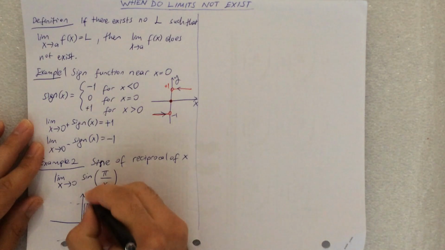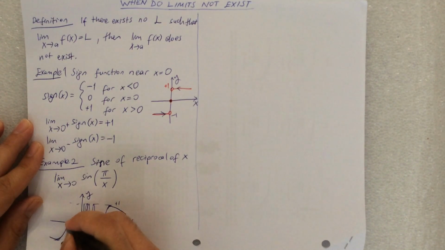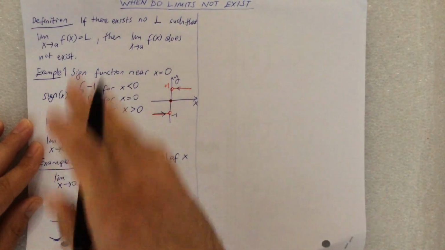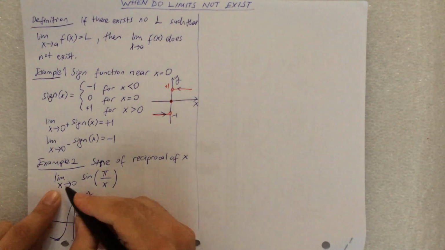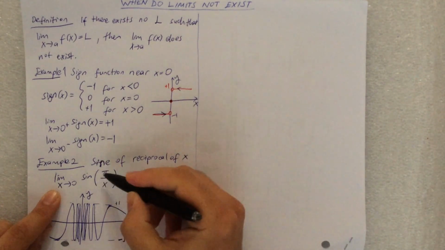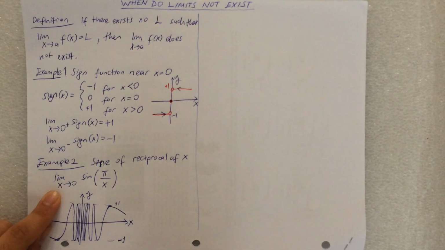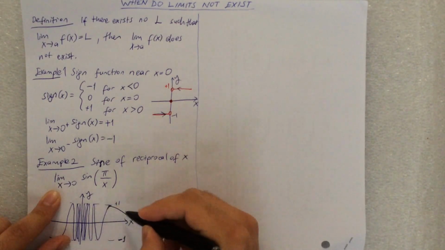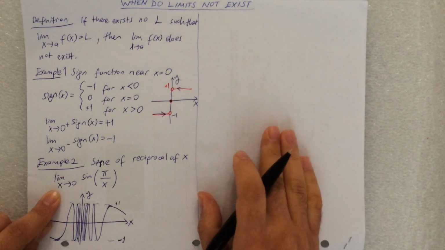This is x, this is y, and the repetition is going to be more and more frequent as we get close to 0. So this value is not getting close to any specific value, but it's actually scanning through the entire interval between plus and minus 1, which means that this limit does not exist.